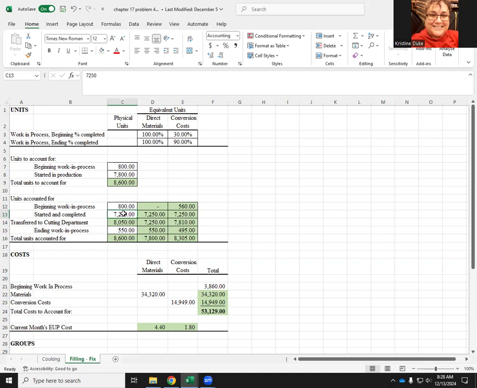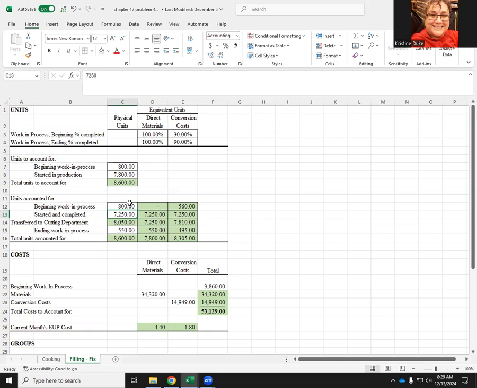Now, I know, based on the information the book gave me, that I completed 7,250 units from started in production. Okay. 100% started and completed, so 100% done, 100% done over here.